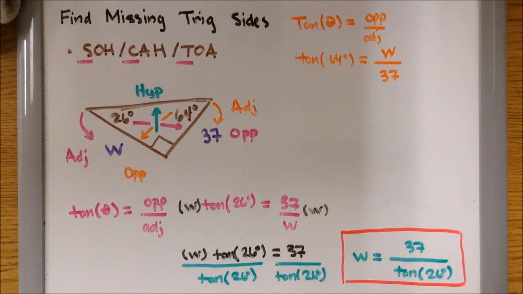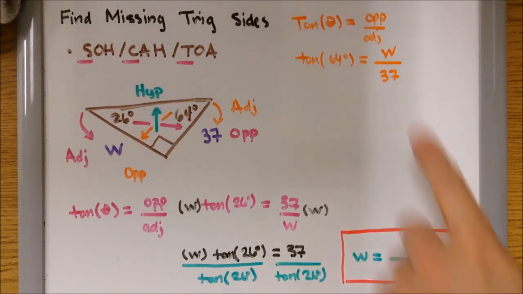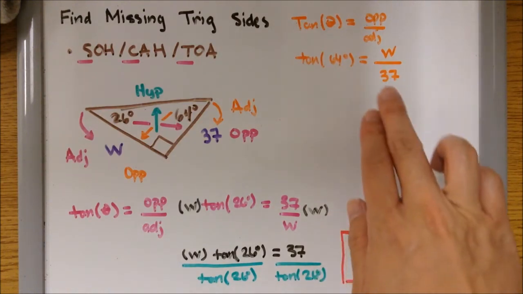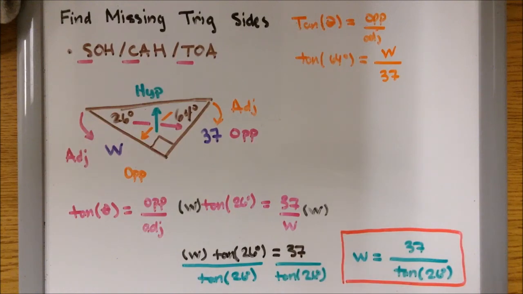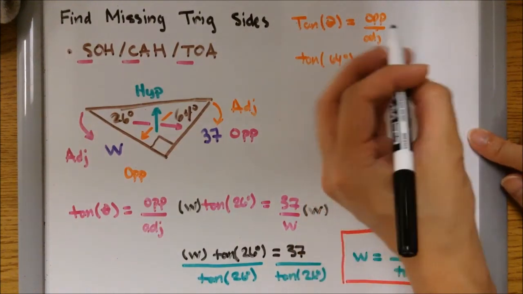Alright, so from there, I want to get W by itself, but I have a 37 in the denominator as a fraction. So I'm going to multiply both sides by the denominator.